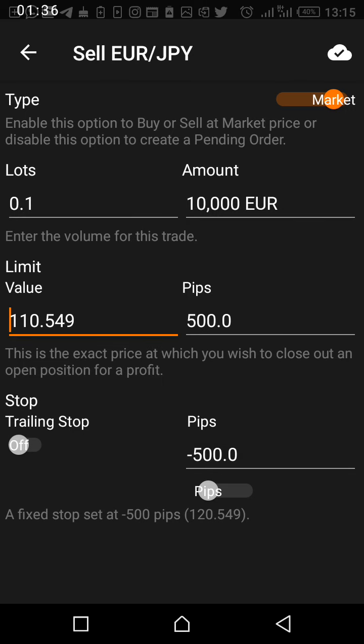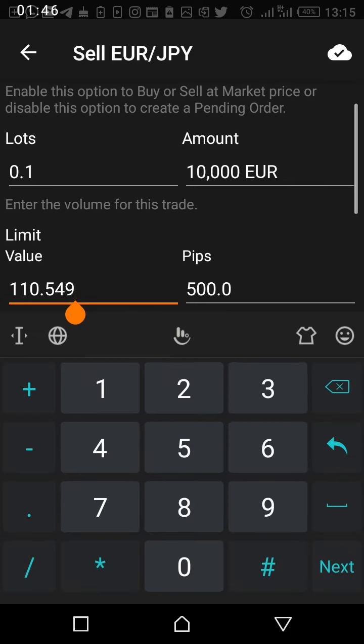Okay, so limit value, you can see it is written there. This is the exact price at which you wish to close out an open position for a profit. So here is your take profit. You either input your take profit or the pips you want.